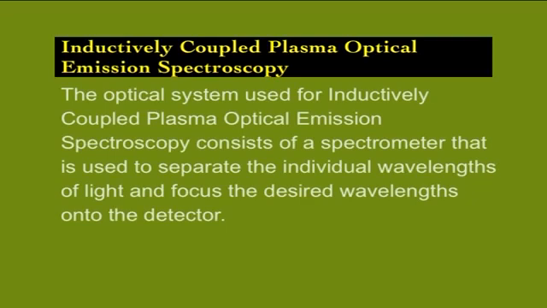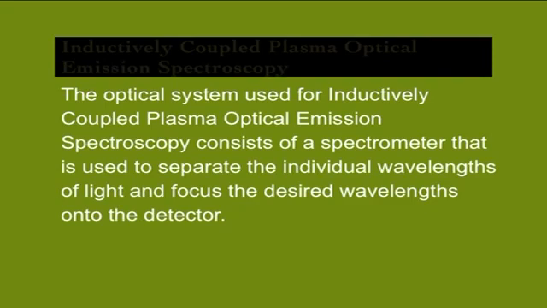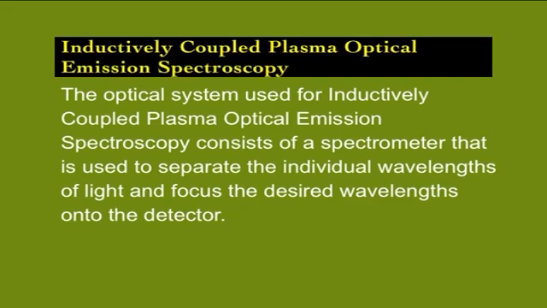The optical system used for inductively coupled plasma optical emission spectroscopy consists of a spectrometer that is used to separate the individual wavelengths of light and focus the desired wavelengths onto the detector.